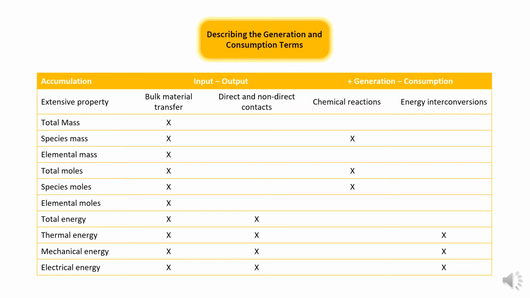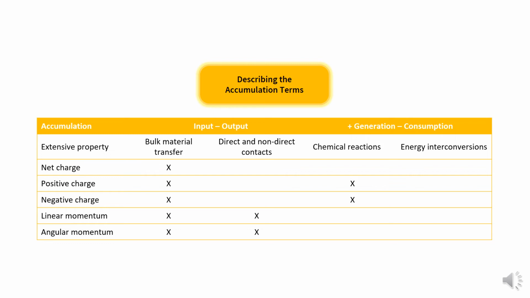For example, the extensive properties of total mass, elemental moles, total energy, net charge, linear momentum, and angular momentum can be neither created nor destroyed in the system and in the universe, and it is appropriate to use the conservation equation for conserved properties, and also the accounting equation which contains the generation and consumption terms.